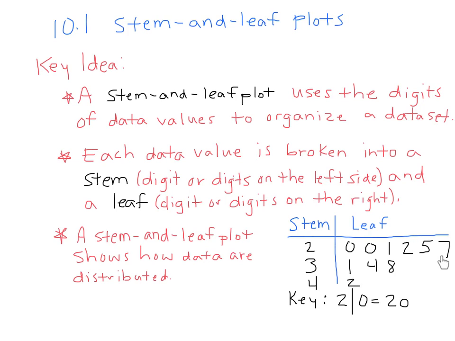If I needed to find the mean of all the data on my stem and leaf plot, it'd be very easy. I would just write it out like this: 20, 20, 21, 22, 25, 27, 31, 34, and so on.